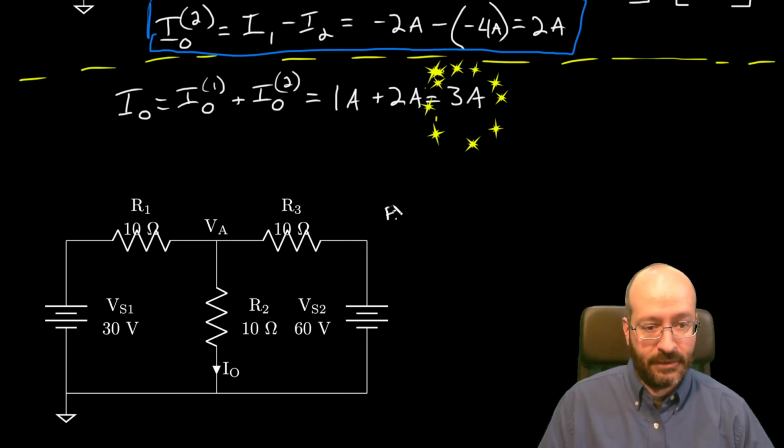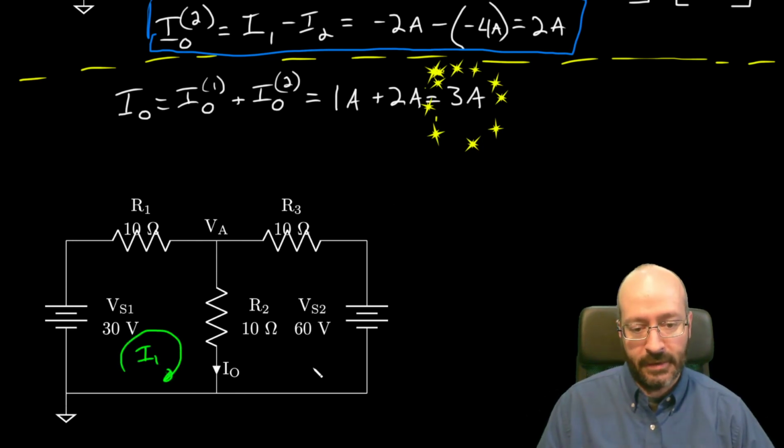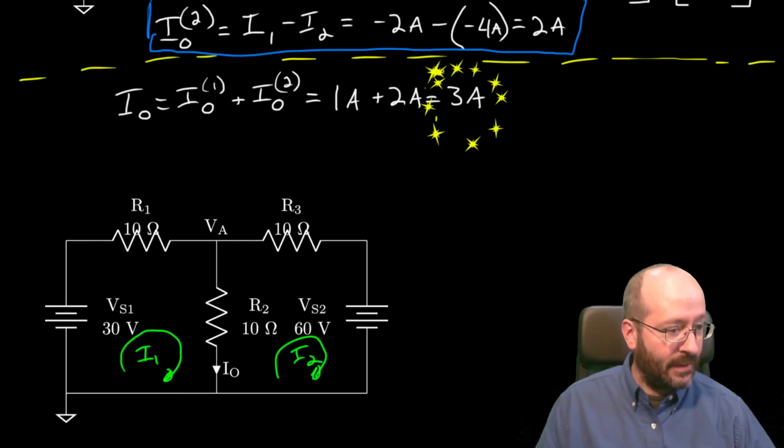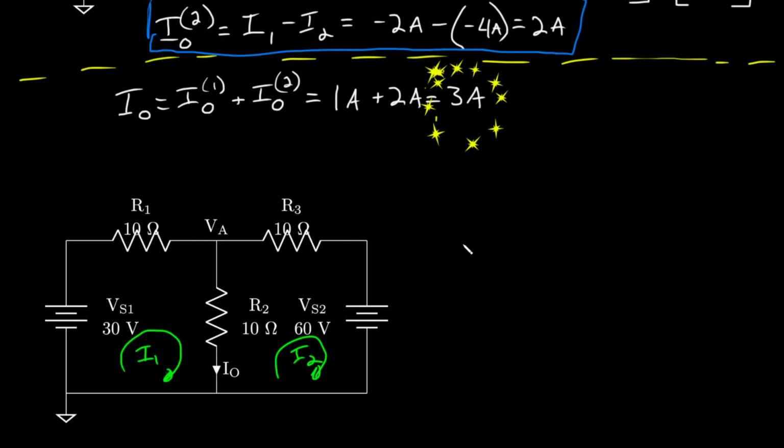We can check ourselves. We can check ourselves with mesh pretty easily. So let me do that quick, just so that we can say, hey, is that the same result? It's going to be the same result. I1, I2. I'm going to drop out again. And it's still going to be a 2 by 2.